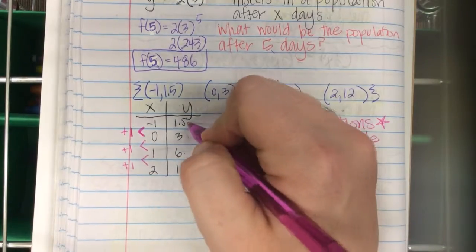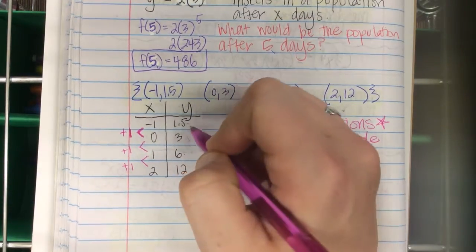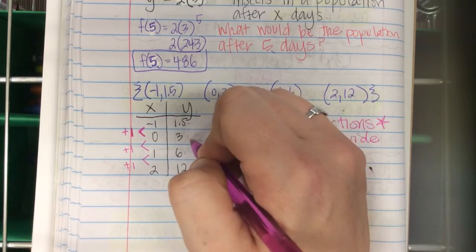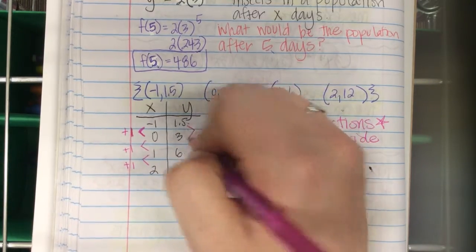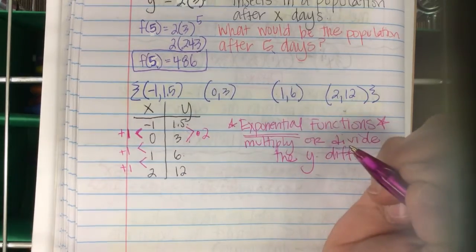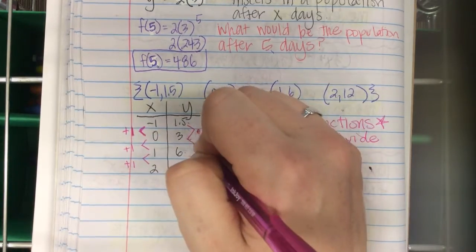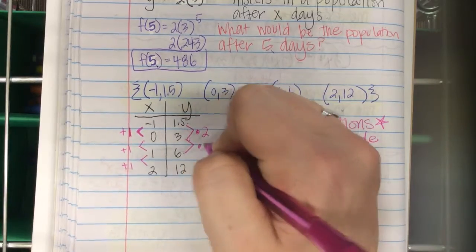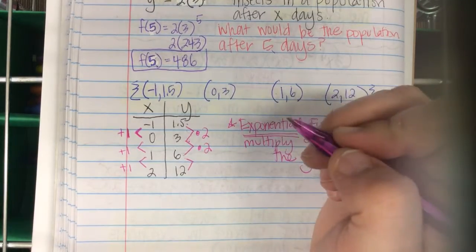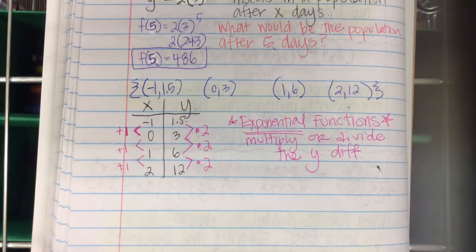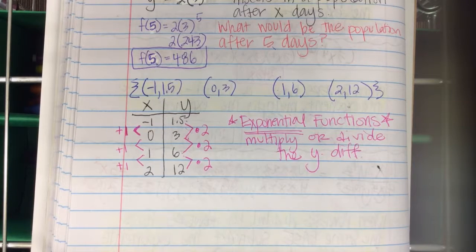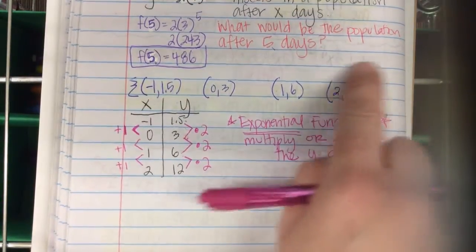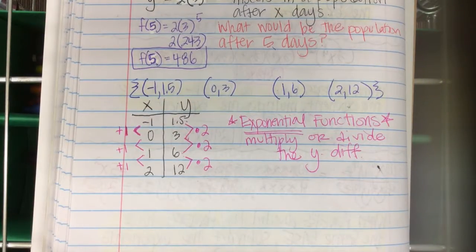So let's look. 1.5 to get to 3. What can you do to 1.5 to make 3? Dean? Times 2? From 3 to 6, what do you do? Times 2. And from 6 to 12? Times 2. So is this relation exponential? Yes. And why is it exponential?